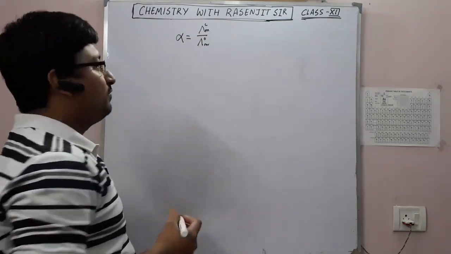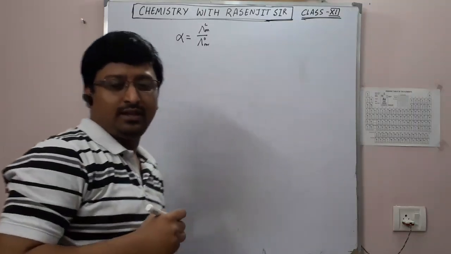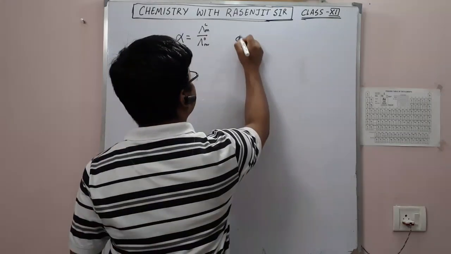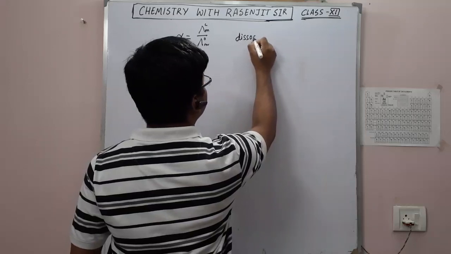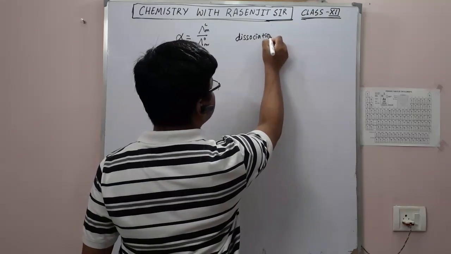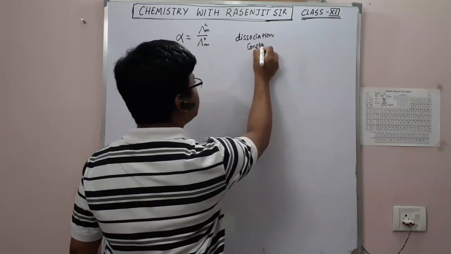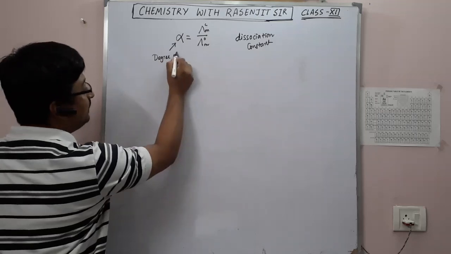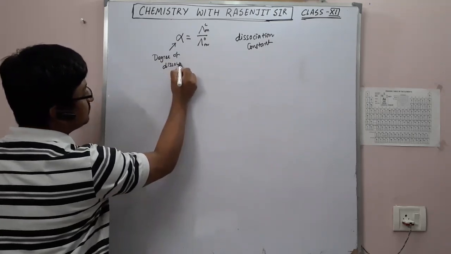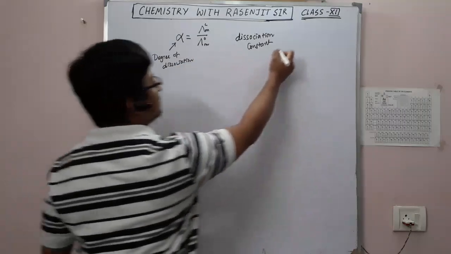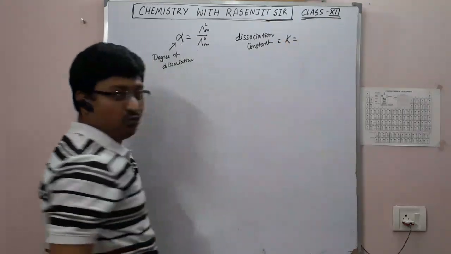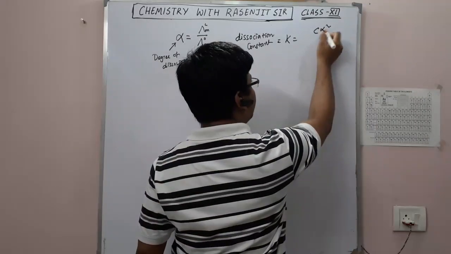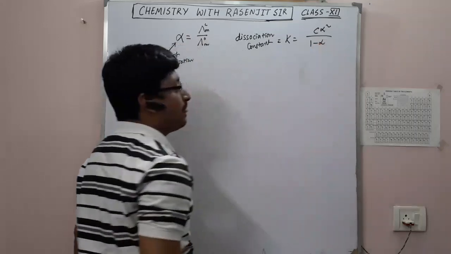From your acid base chapter you know that for weak electrolytes, this is the degree of dissociation, and the dissociation constant K is equal to C alpha square divided by 1 minus alpha. I will not derive this.